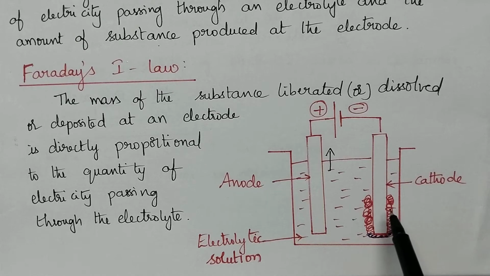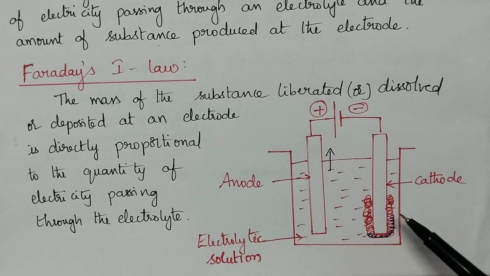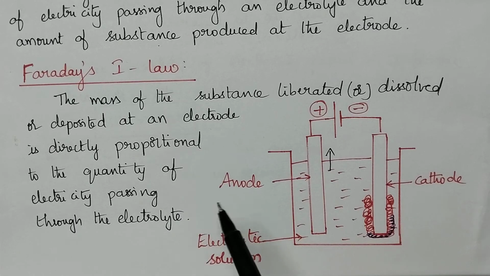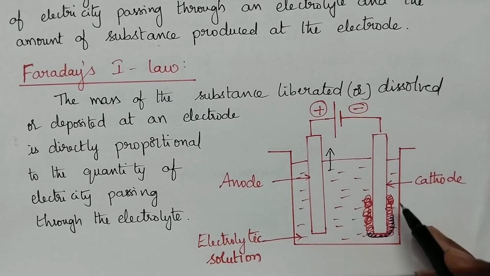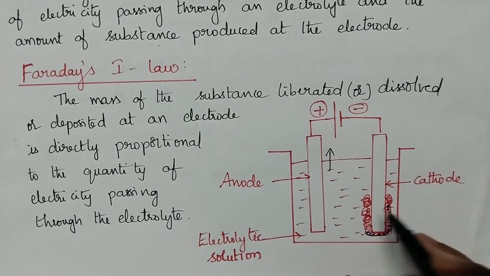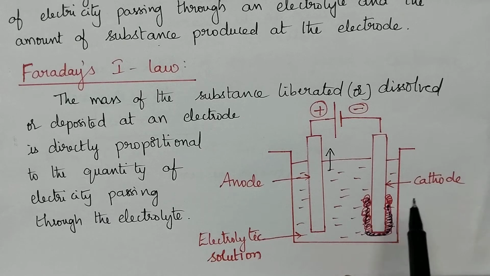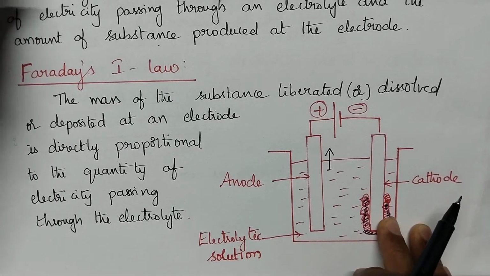At the cathode, the cations will be discharged. That means the metal gets deposited at the cathode. By using Faraday's first law, it is possible to calculate how much of the metal will be deposited at the cathode. That is directly proportional to the quantity of electricity passed. Is it clear about Faraday's first law, students?